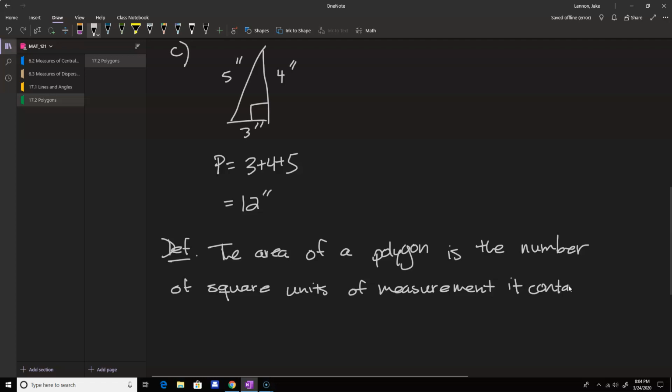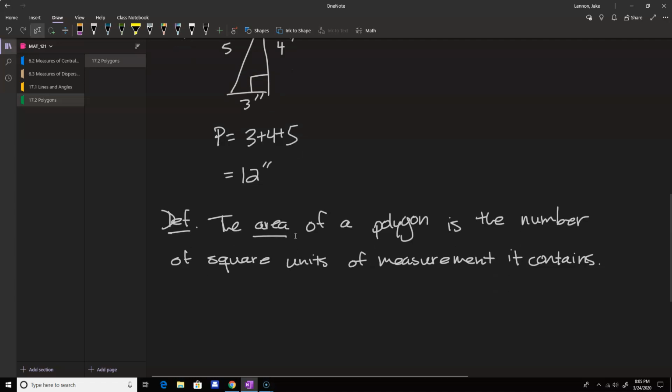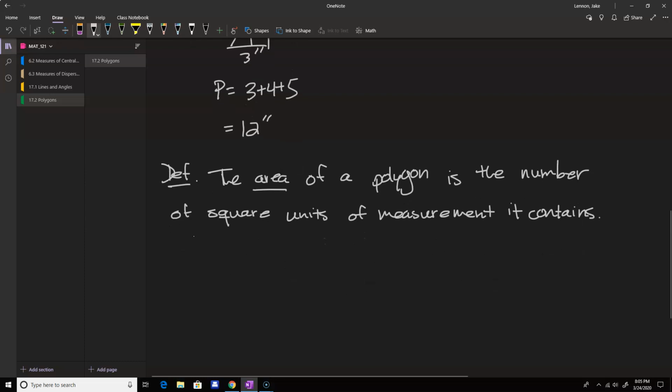So you can imagine if you could somehow draw a grid of a bunch of, say, 1 by 1 squares on the inside and count those all up, that is the area of that polygon. Now, that's not practical to do in many cases, but there are several formulas that we know if we so happen to know some of the side lengths. So let's look at some formulas.